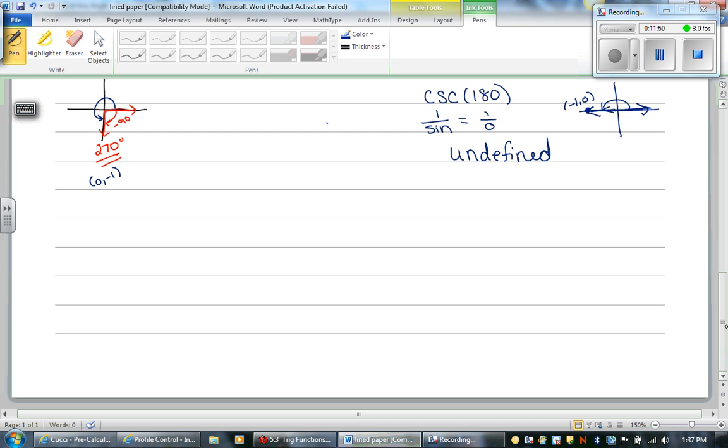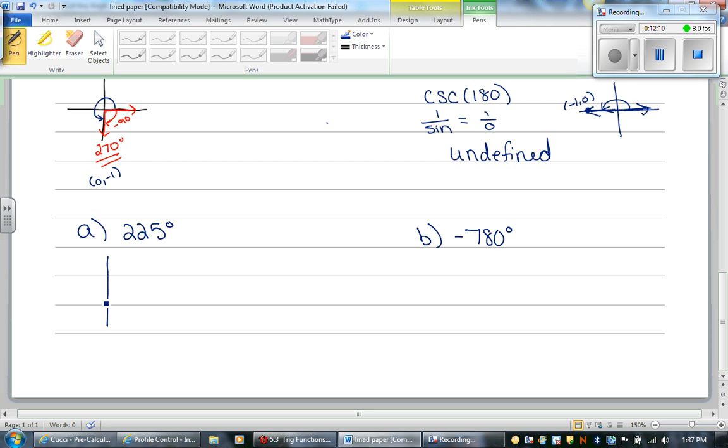All right, so let's move over here. I want to find the reference angle for 225 degrees and for negative 780. I'm going to start by drawing a rotation diagram.